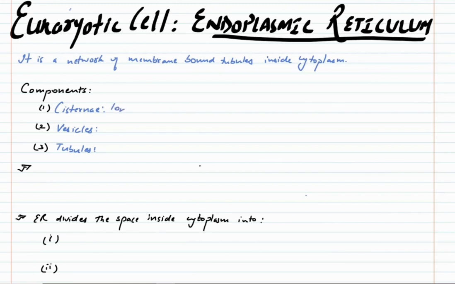So cisternae are long and flattened, unbranched units arranged in stacks.